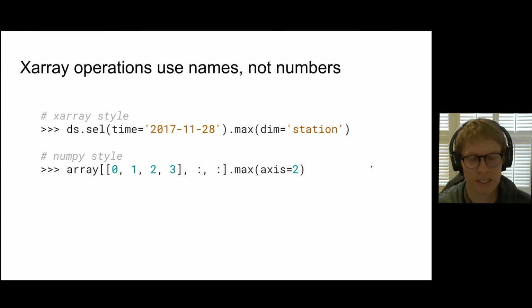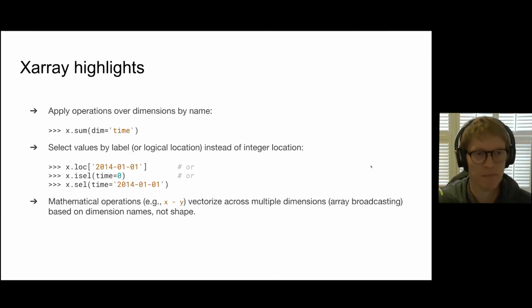If I were going to do this same operation in NumPy, which I could, I would have to know the indices of the time, November 28th, and also know the numeric axis number, in this case 2. That gives you an idea of some of the most basic functionality in Xarray.